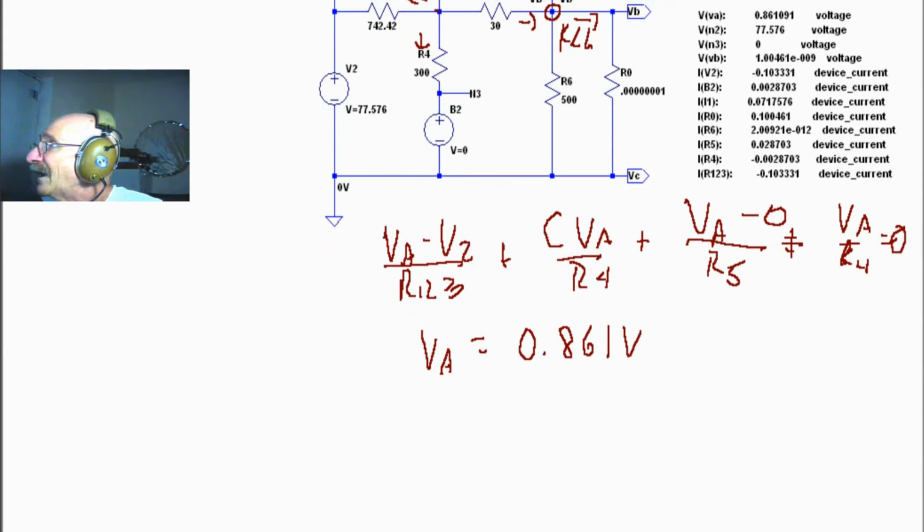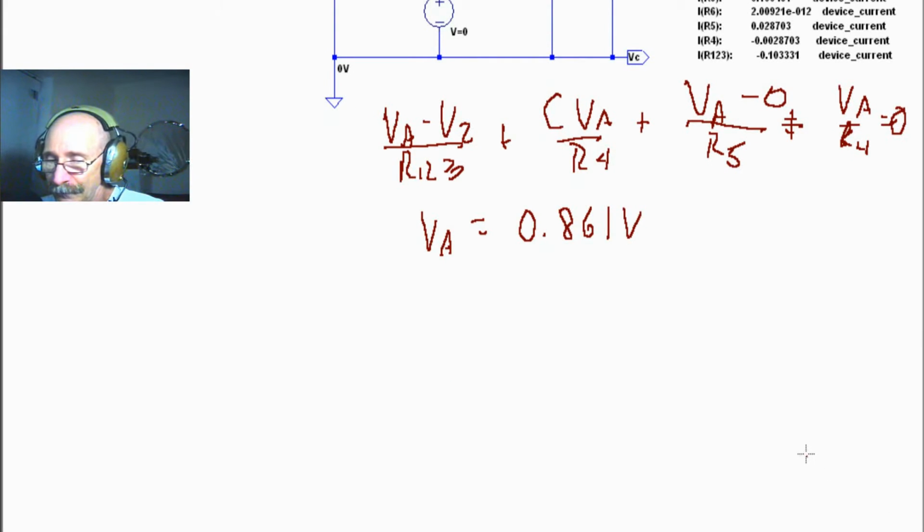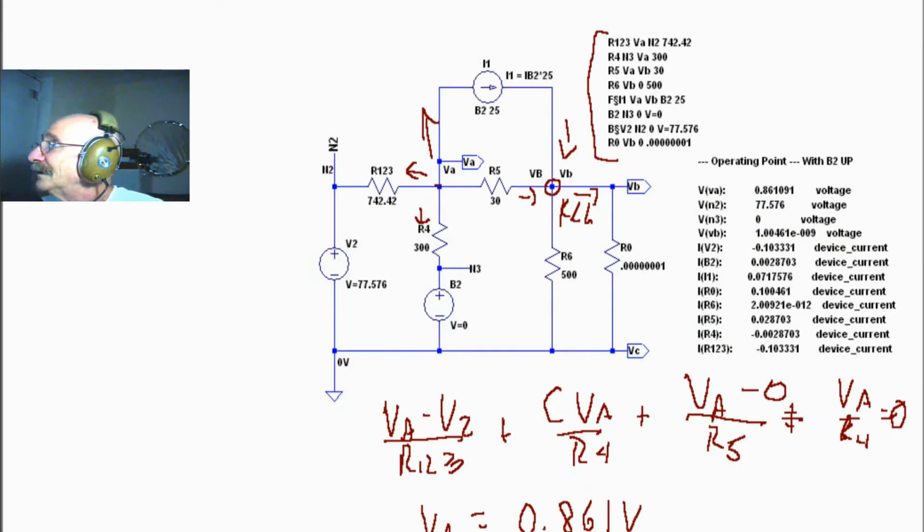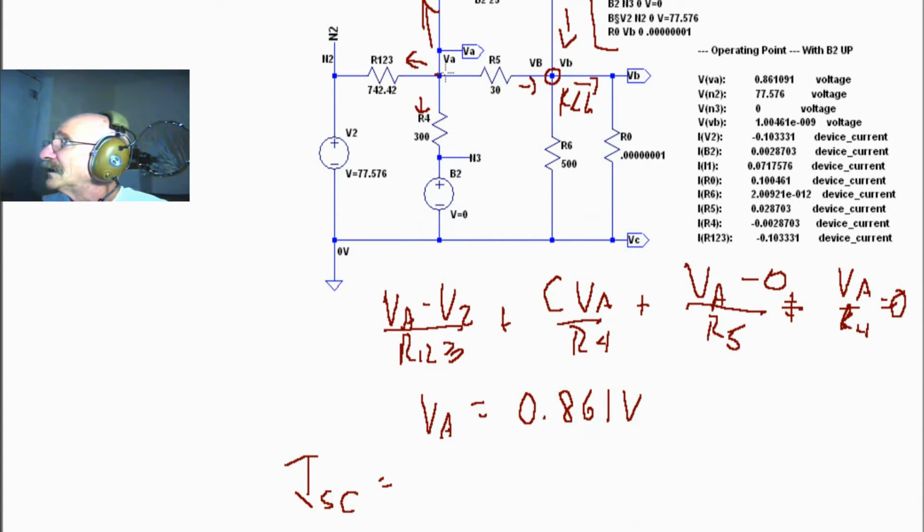Alright, so now we can use this and determine the short circuit current, ISC, which was equal to these two currents. Basically ISC is this right here, because short circuit, because we have a 0 ohm resistor, or pretty close to 0 ohm resistor right here.